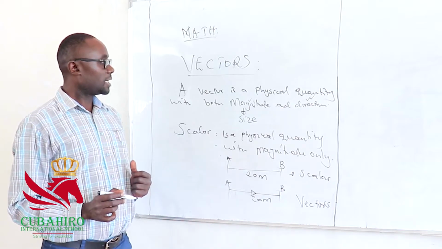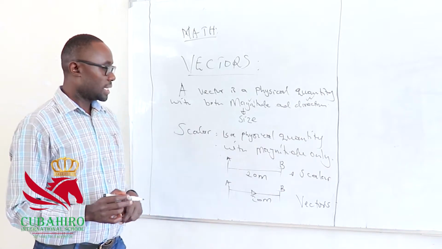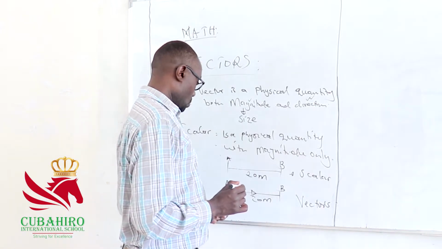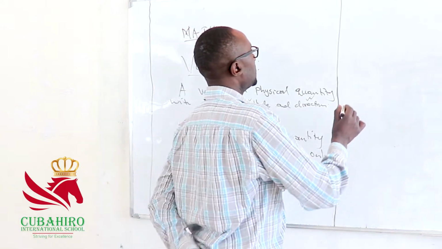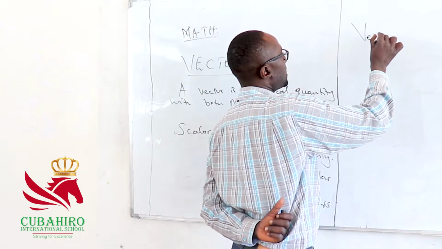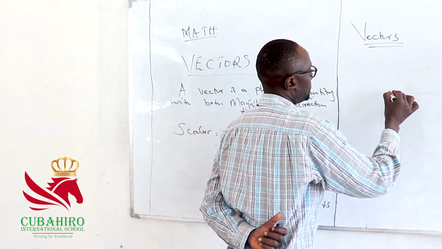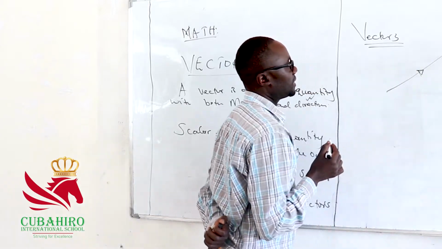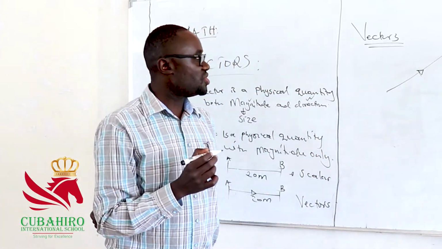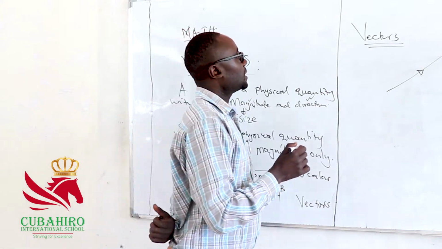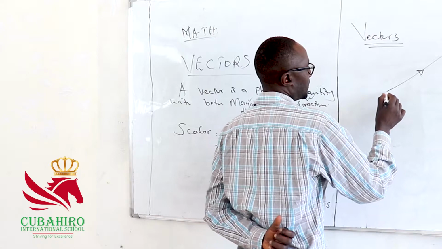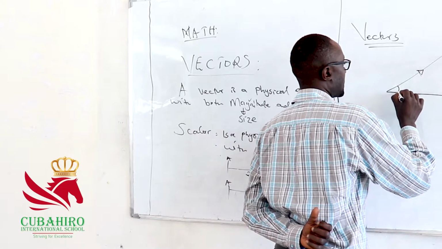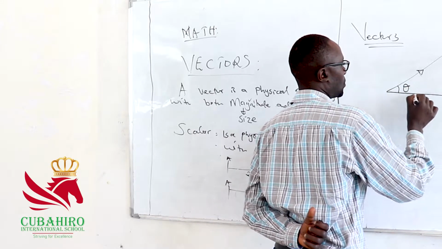Very good. Let me use now the other side of the board and show you something to do with vectors. Now, for vectors under mechanics, if this is a vector, you see this line is neither vertical nor horizontal. It is a line at an angle to the horizontal.